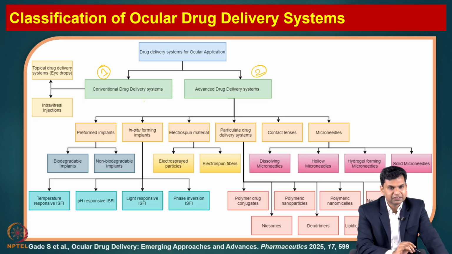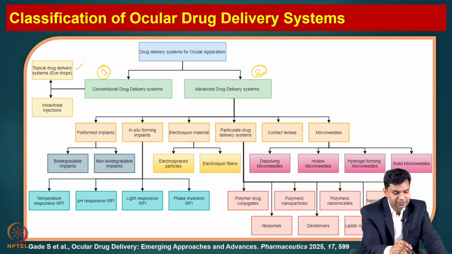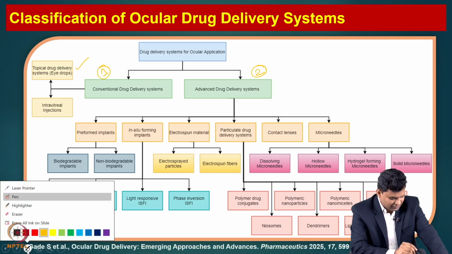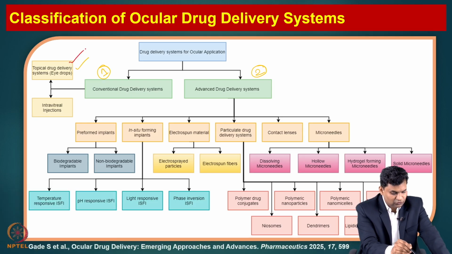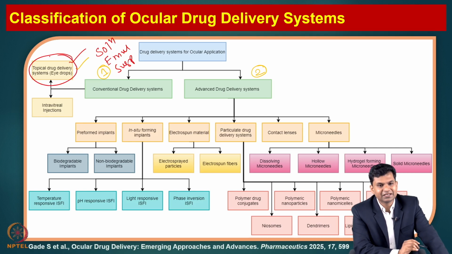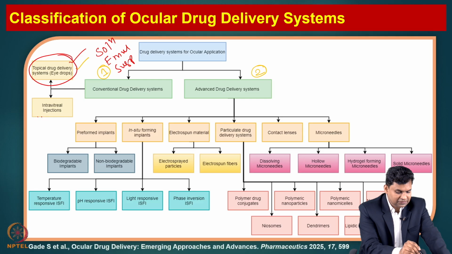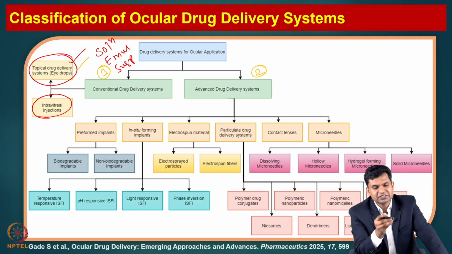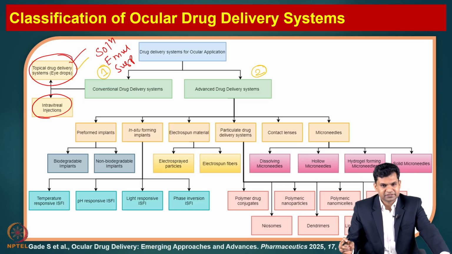Here in the conventional, we have various types of solutions which come under the category of eye drops. We can use solutions, emulsions and suspensions, which come under topical formulations. Another category is injections, where we give the injection to the patient into the intravitreal space, which is called intravitreal injections.